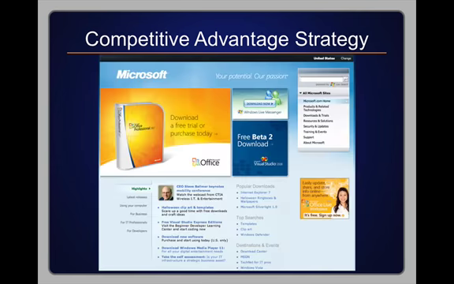Whereas the Microsoft website is much more subdued, and it has a whole series of news items here on the home page. They're more concerned with just hanging on to their market share and having a more conservative approach to competitive advantage online.